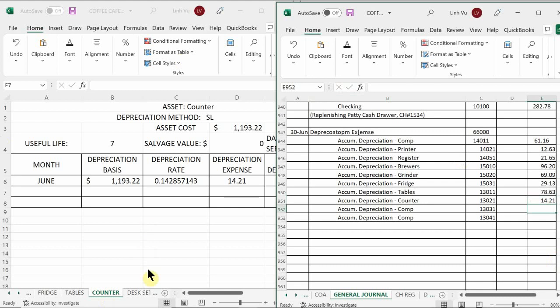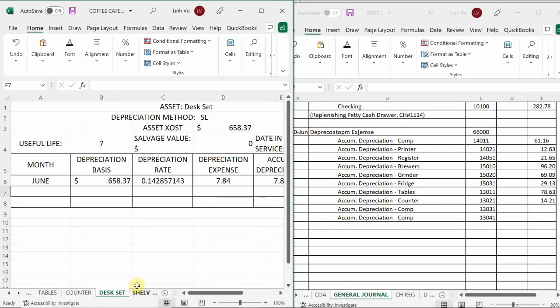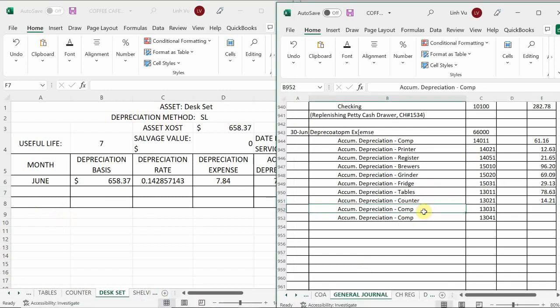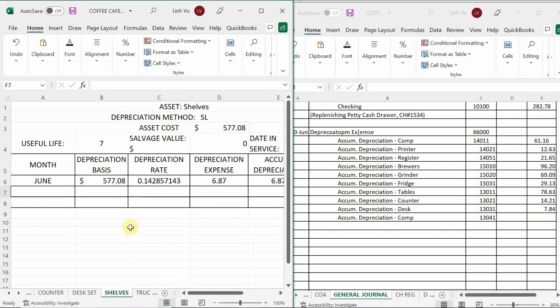Next is my desk set, which is for $7.84. And let's see what's next. We've got my shelves for $6.87.